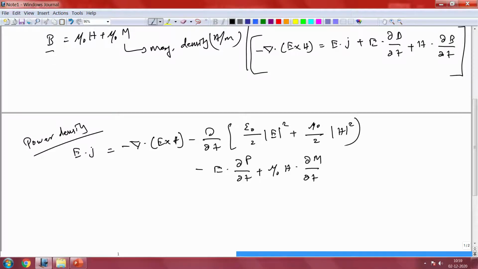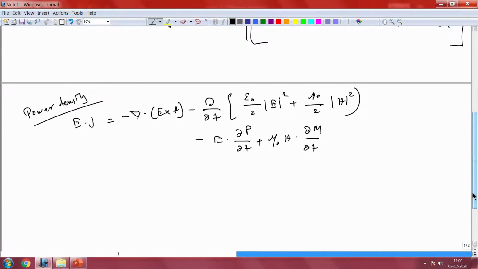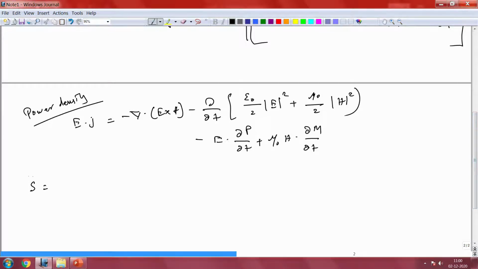So, now let us closely look at these factors, what they actually represent, and what is the significance of this, all right. So, let's do it one by one. So, this basically is the Poynting vector that we already know. So, S is the Poynting vector, and that is nothing but E cross H, right.